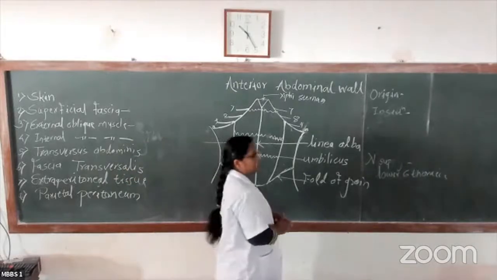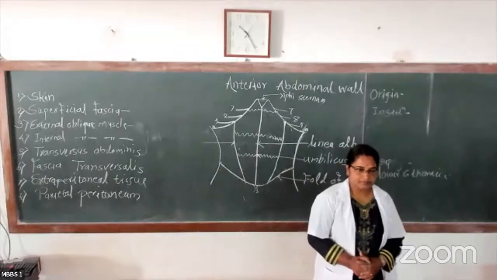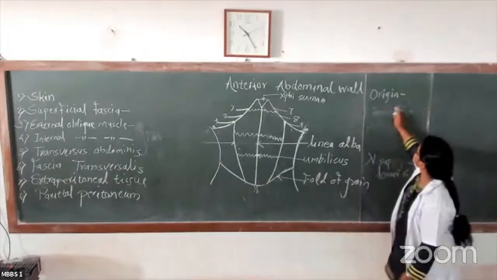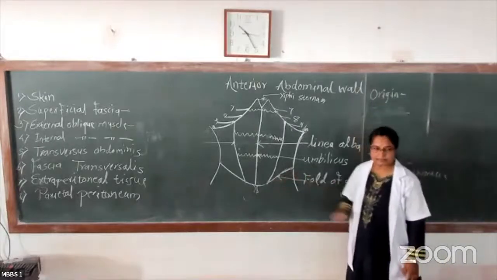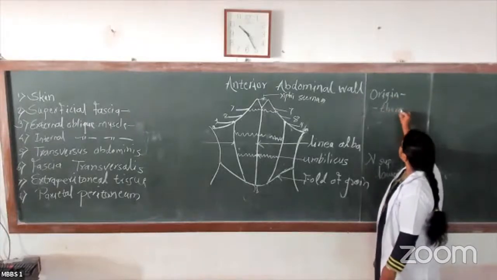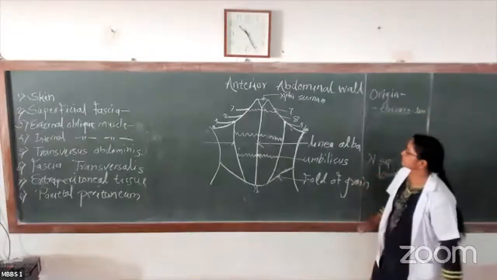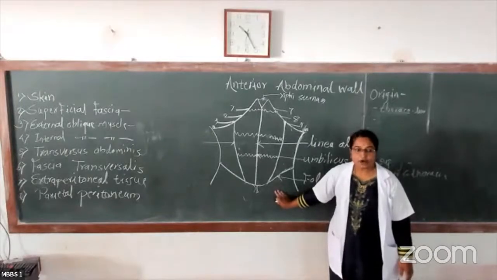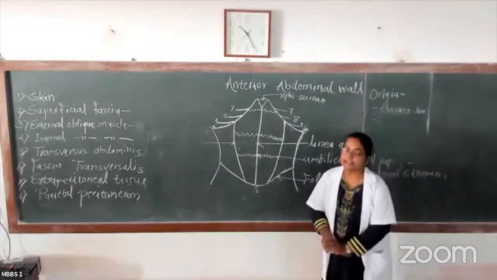As compared to the external oblique, the internal oblique is a thin muscle.